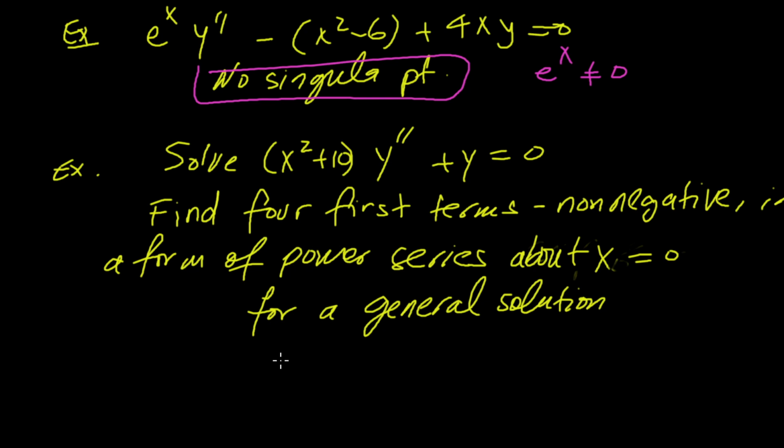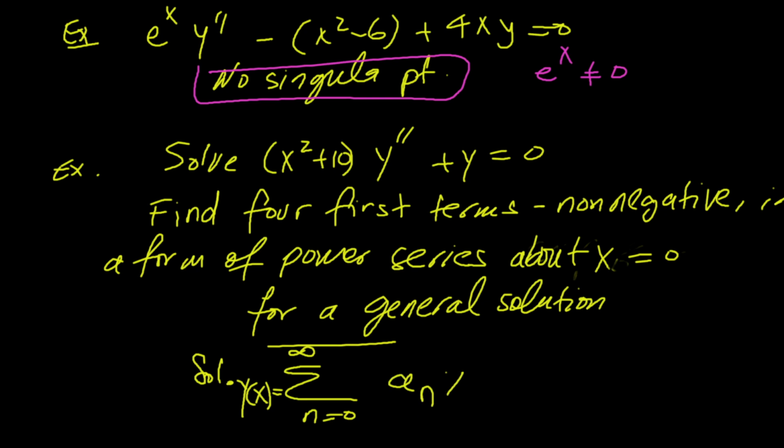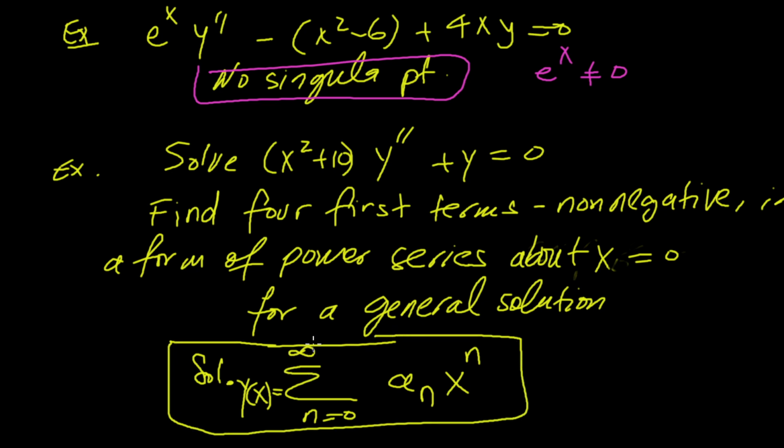The general solution is described as y of x equals the series from n equals 0 to infinity of a sub n times x power n. This is what we are interested in.